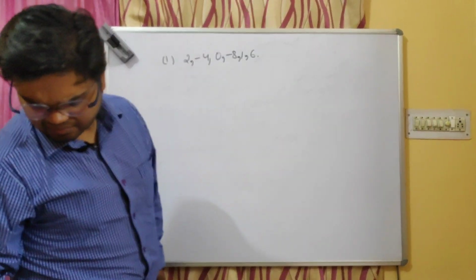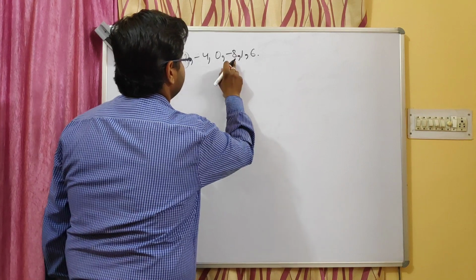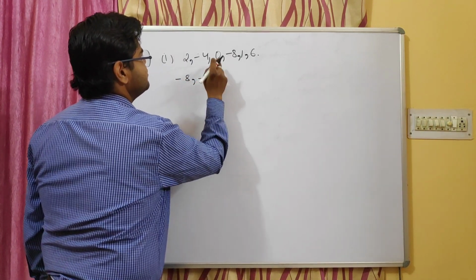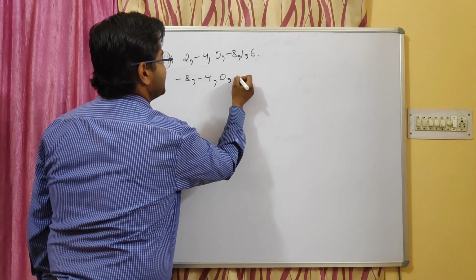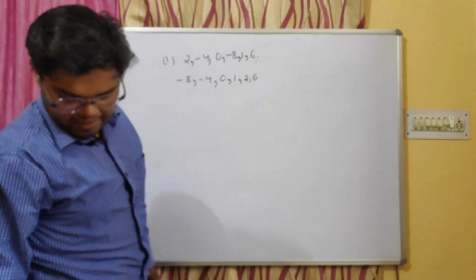So in increasing order, which is the smallest number here? Minus 8, then we will have minus 4, then 0, then 1, then 2, then 6. Okay.